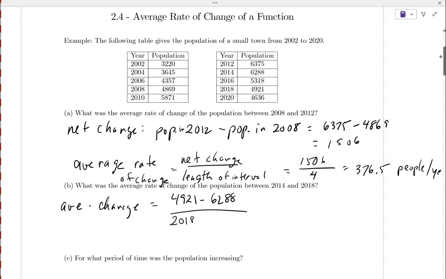You can actually think of it as 2018 minus 2014, right? The difference between those two things. So we divide it by 4 again. And what do we get there? Negative, what? Say it again. Okay, so it'd be 1367? And then what'd you say again for the number? 30? Okay. And again, our units here would be people per year.